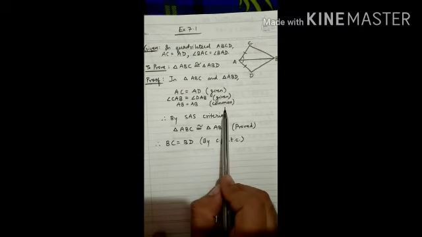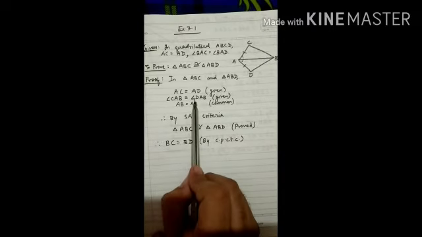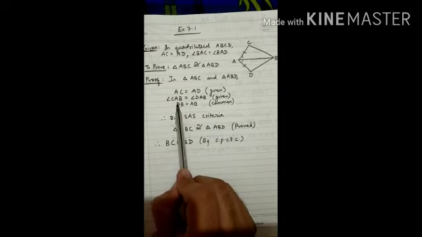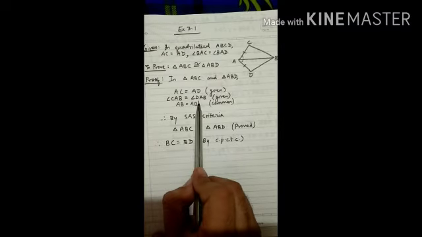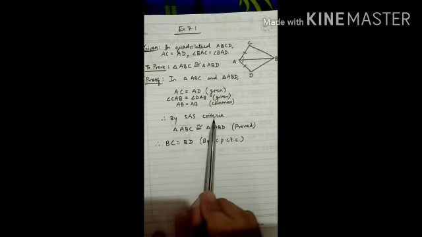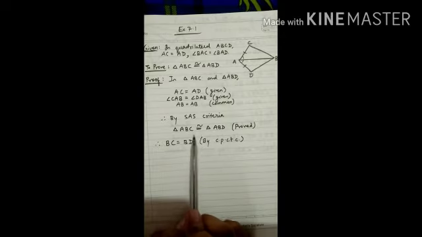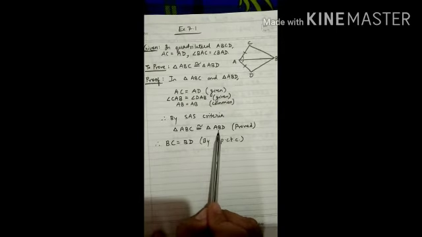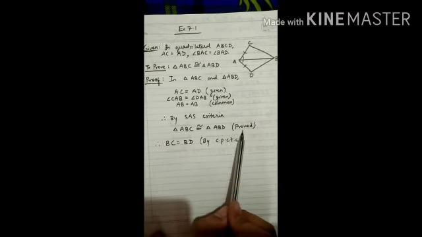Here we can easily see the criteria side, angle, side: AC equals AD, angle CAB equals angle DAB, and AB equals AB. So by applying the side angle side criteria, triangle ABC is congruent to triangle ABD, which is proved.